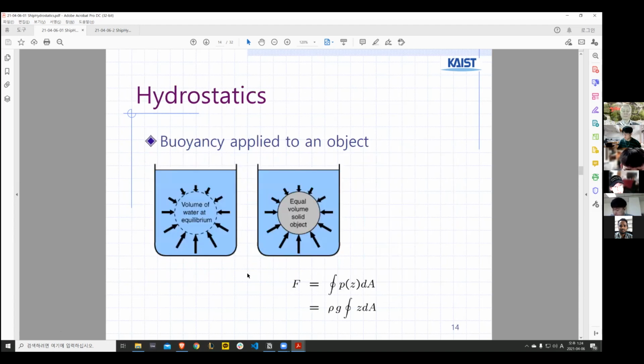As you can see in this picture, if this volume of solid object is in here, then the buoyancy is the same as the mass of this volume of water. And here's the equation.